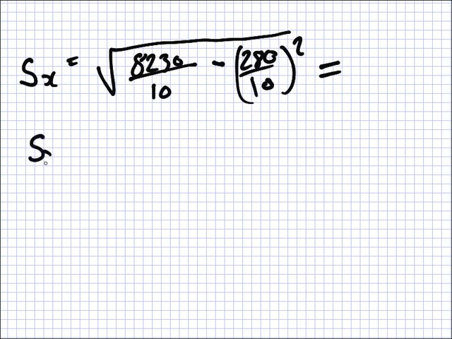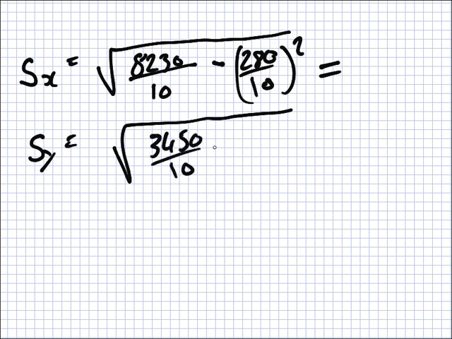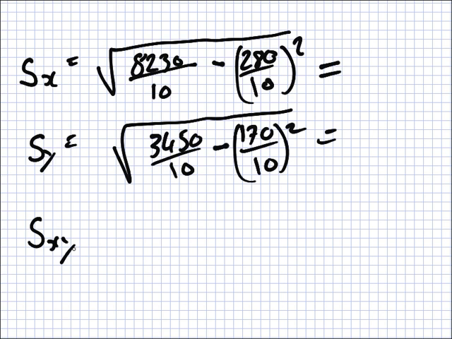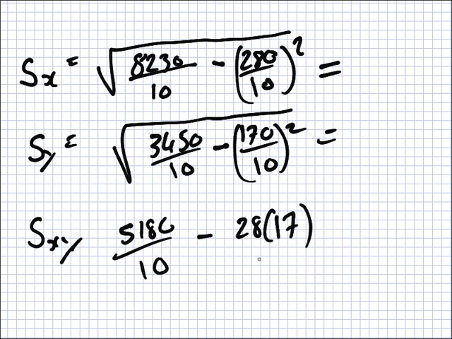And then sy will be square root of the sum of y squared over 10 minus the average of y, the sum of y over 10, squared. That's that. And then sxy, oh, what was that one? That one was the sum of xy, wasn't it? 5180 over 10 minus average of x, which is 28, times average of y, which is 17. No square root in this formula, I believe.